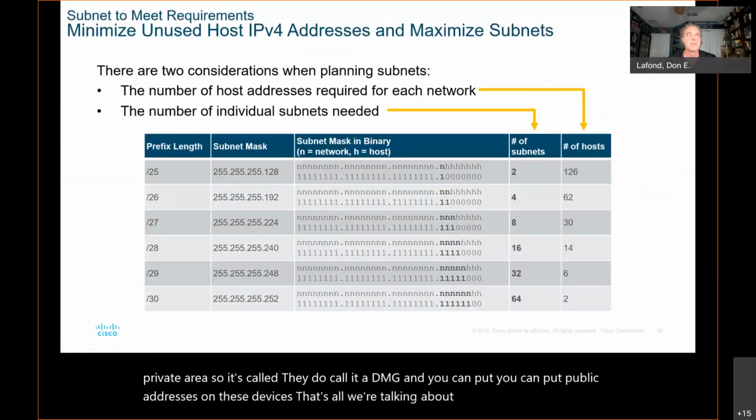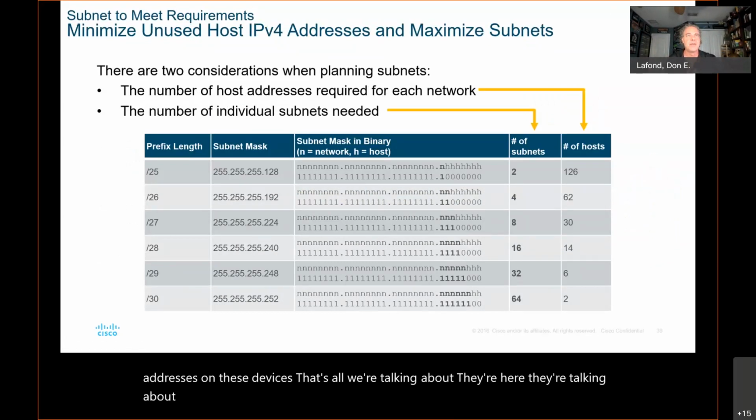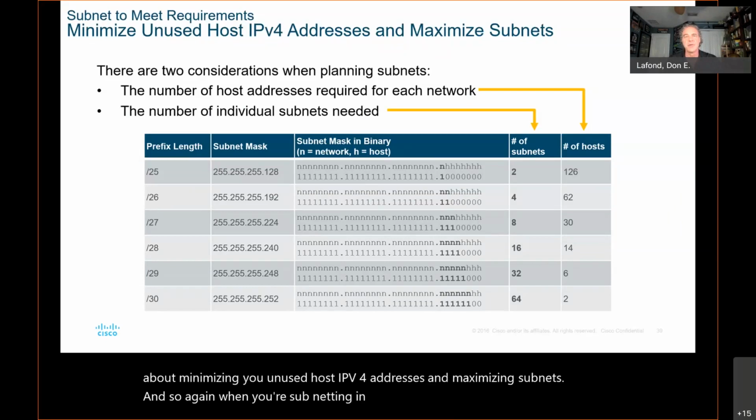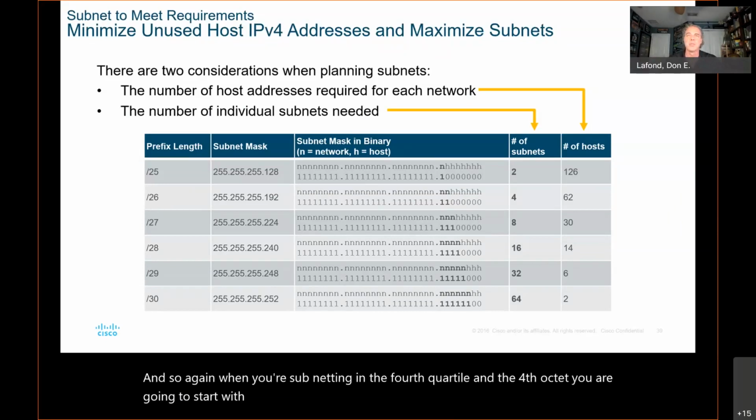Here they're talking about minimizing unused host IPv4 addresses and maximizing subnets. Again, when you're subnetting in the fourth octet, you are going to start with a /24 that has one network of 256, 254 usable. You subnet that in half.